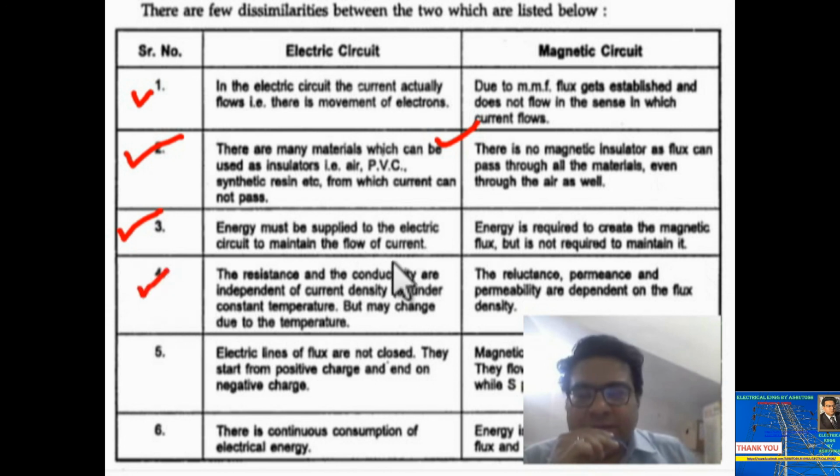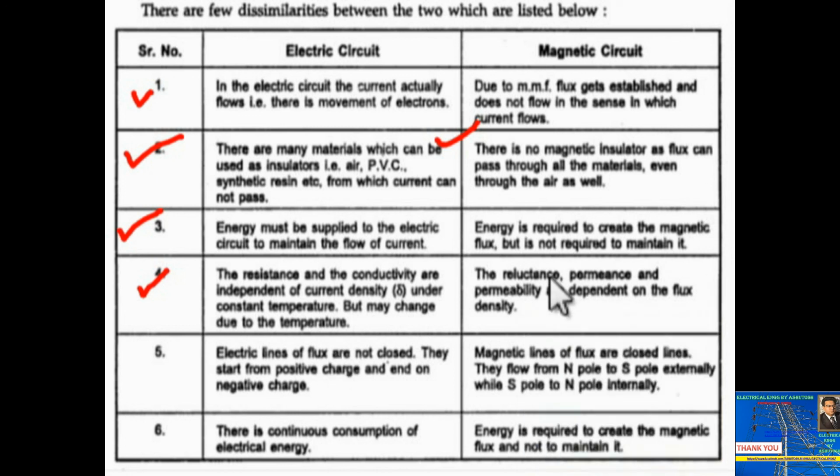Then the fourth point: the resistance and the conductivity are independent of current density under constant temperature, but may change due to temperature. You already know temperature is the parameter which affects the resistance and conductivity of a material. And see here, the reluctance, permeance and permeability are dependent on the flux density. Very important point.